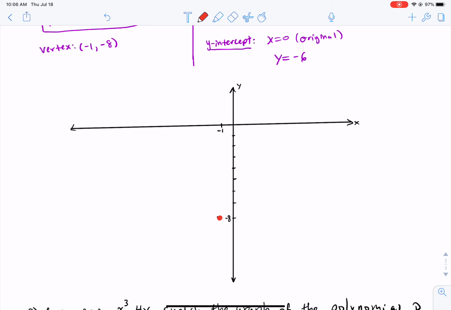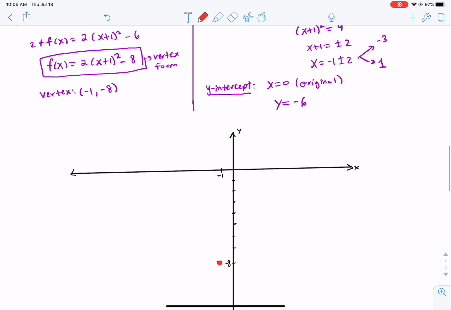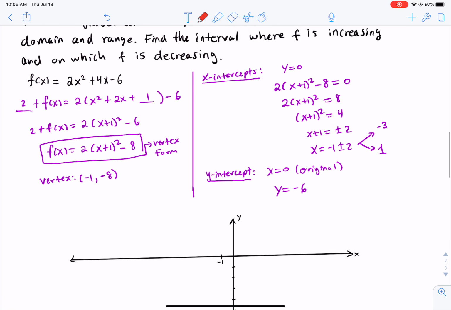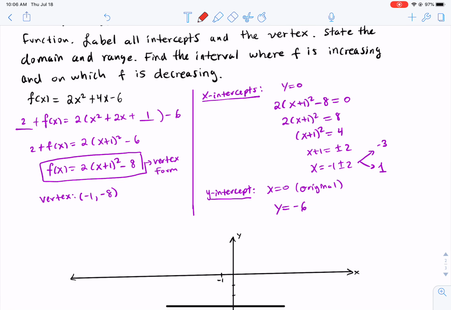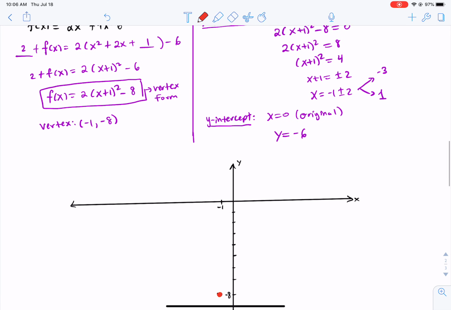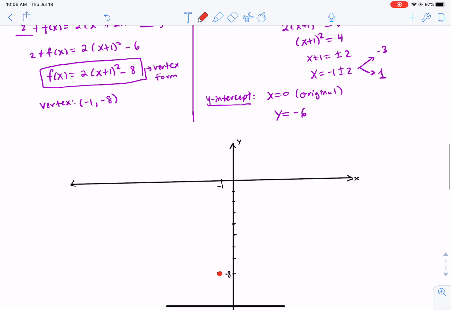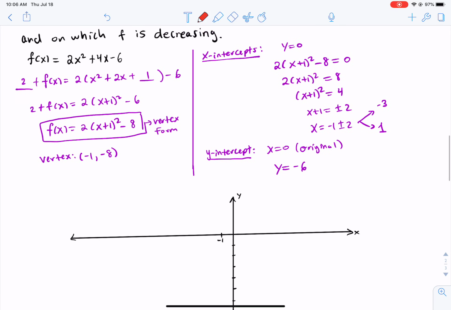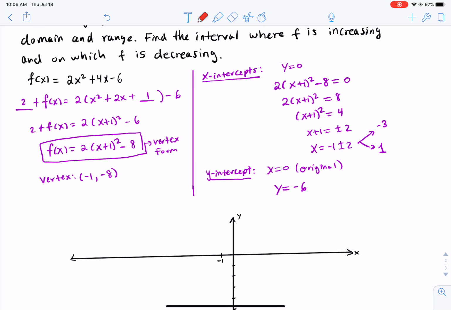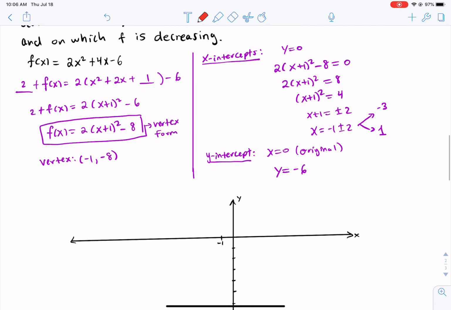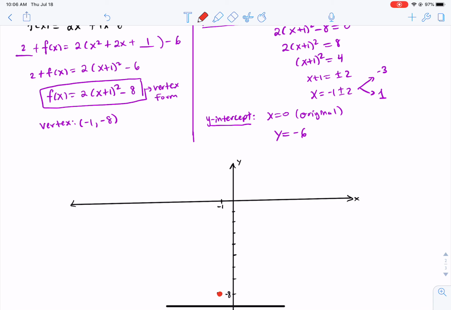Now, would the parabola be facing up or facing down? Facing up, right? That's why I left a lot of space up there. What will be the x-intercepts in this case? 1 and negative 3.